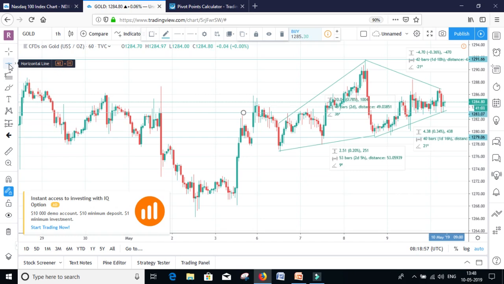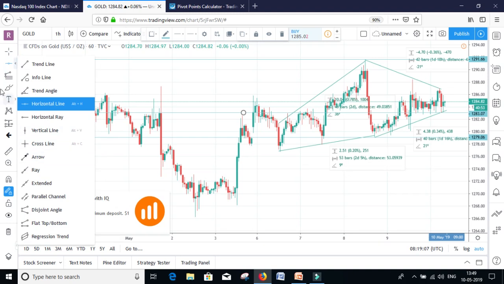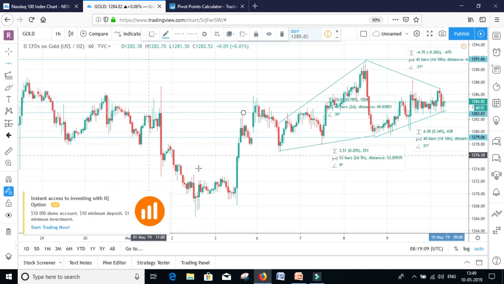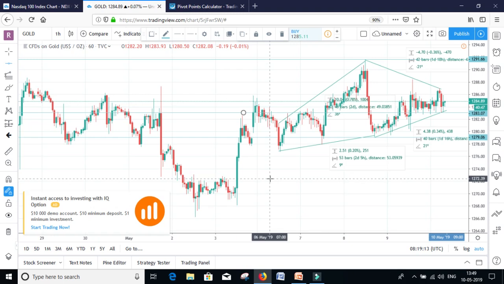1283 minus $11, that is 1272. So our price target is around these levels.